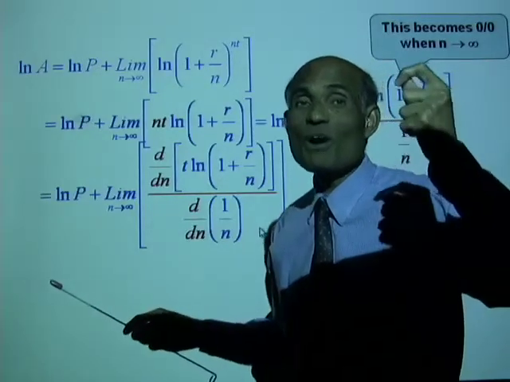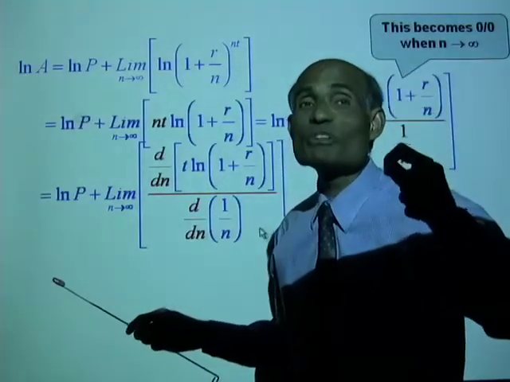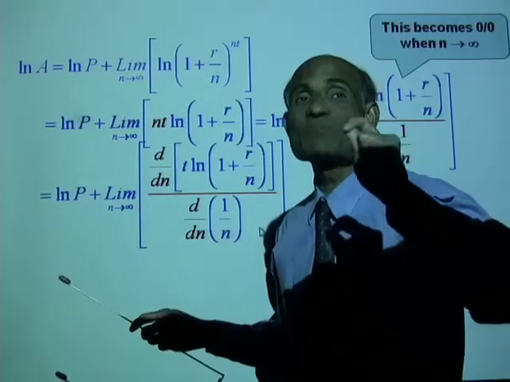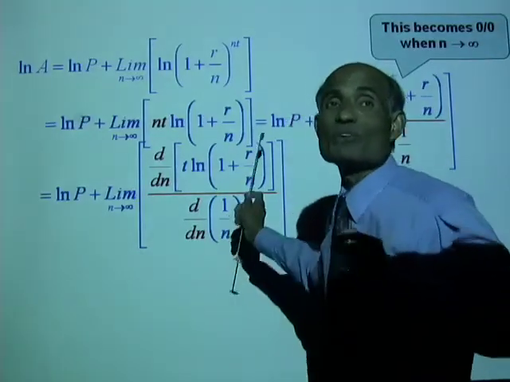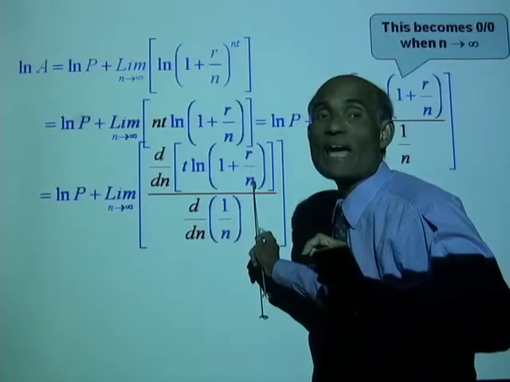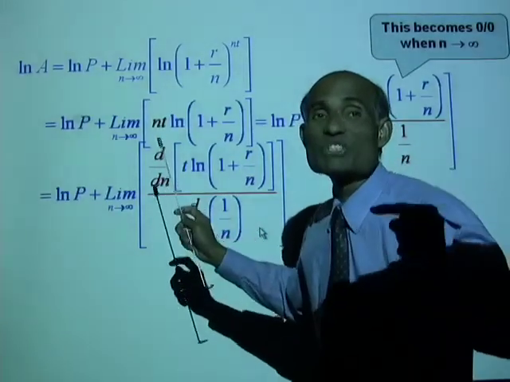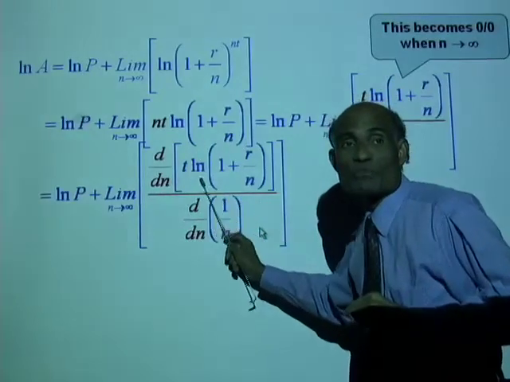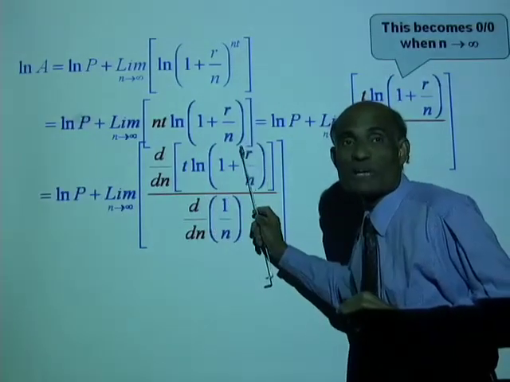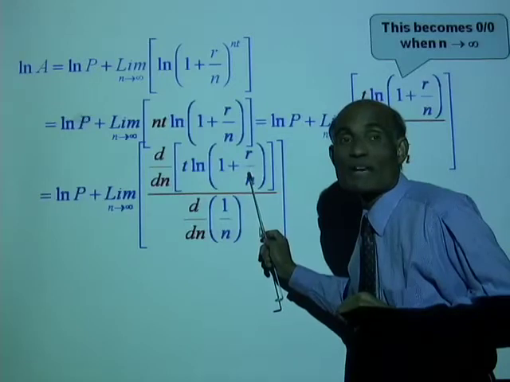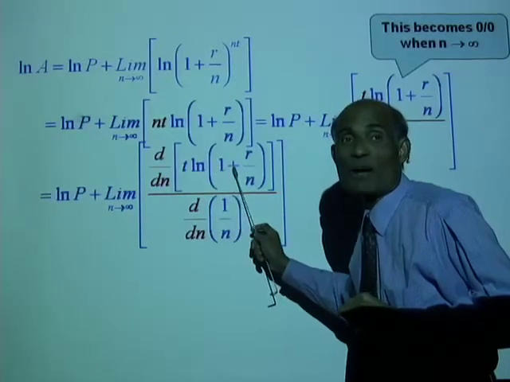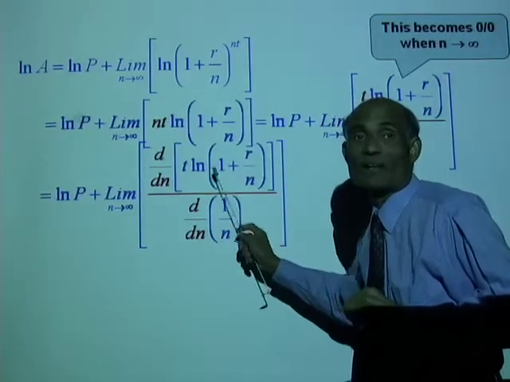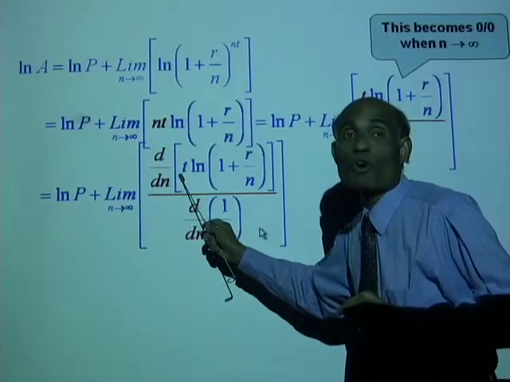The derivative of a over x with respect to x is negative a over x squared. The derivative of r over n with respect to n is negative r over n squared. Therefore, the derivative of this quantity will be negative r over n squared divided by 1 plus r over n. And of course, this will be also on the numerator.